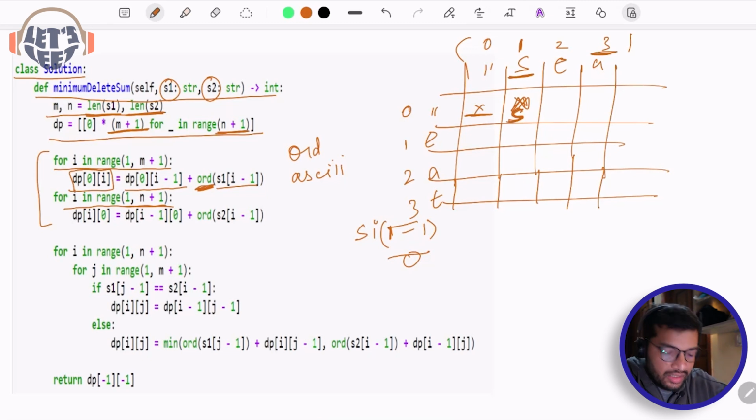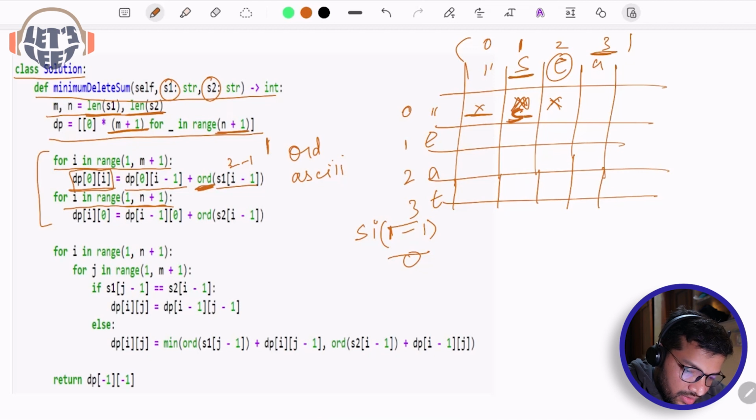Now in a similar fashion, when i becomes 2, the 0th row and second column will store the sum of this ASCII value plus the ASCII value of E, because it will be 2 minus 1, that is 1. If we talk about the C value, this is the 0th index, this is the first index, this is the second index.